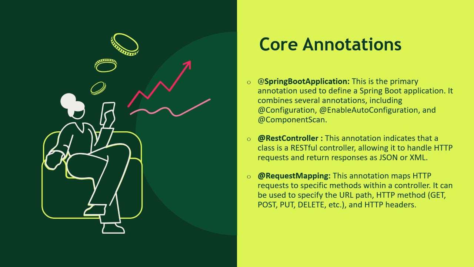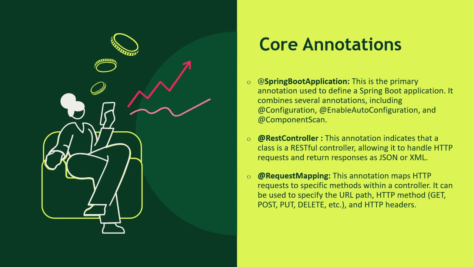You must have heard that this is a combination of three annotations: @Configuration, @EnableAutoConfiguration, and @ComponentScan. So if you are using these three annotations versus @SpringBootApplication, it all means the same, and it will perform the same thing.